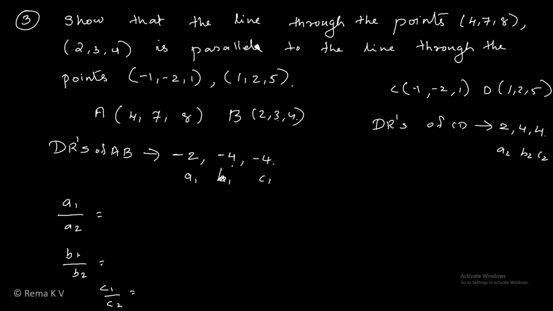A1 by A2 is -2 by 2, which is equal to -1. B1 by B2, -4 by 4, which is equal to -1. Last, C1 by C2 is -4 by 4, which is also equal to -1. So we can write A1 by A2 is equal to B1 by B2 is equal to C1 by C2. Therefore, AB is parallel to CD.